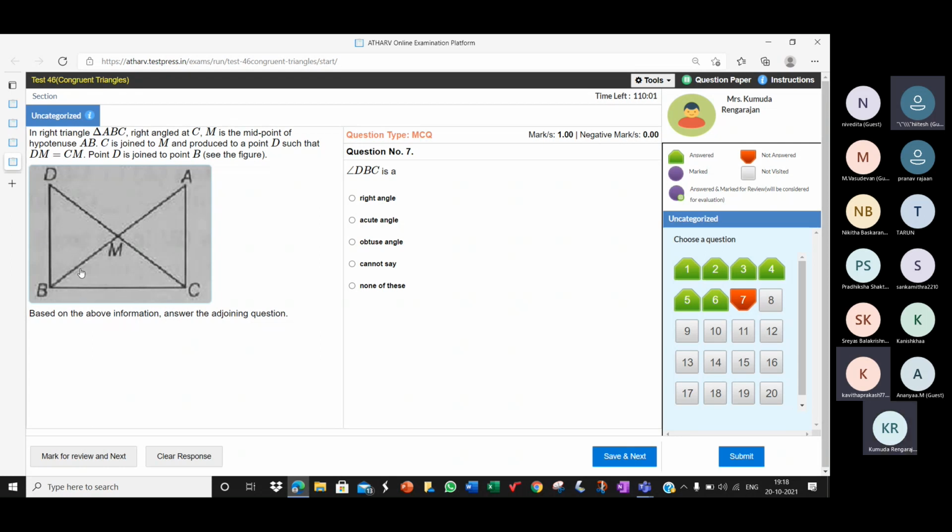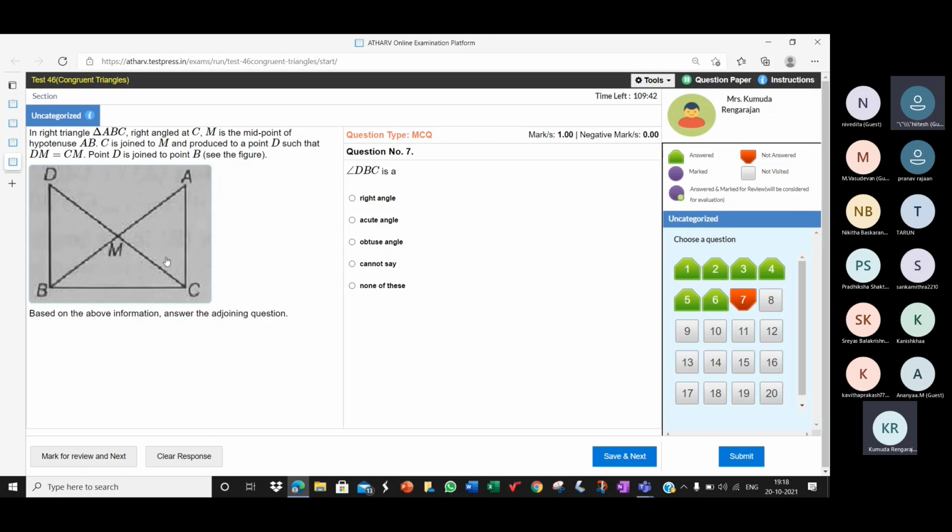Correct, but how do you justify that? Ma'am, by CPCT from the earlier result, we can say that DBM is equal to ACM.